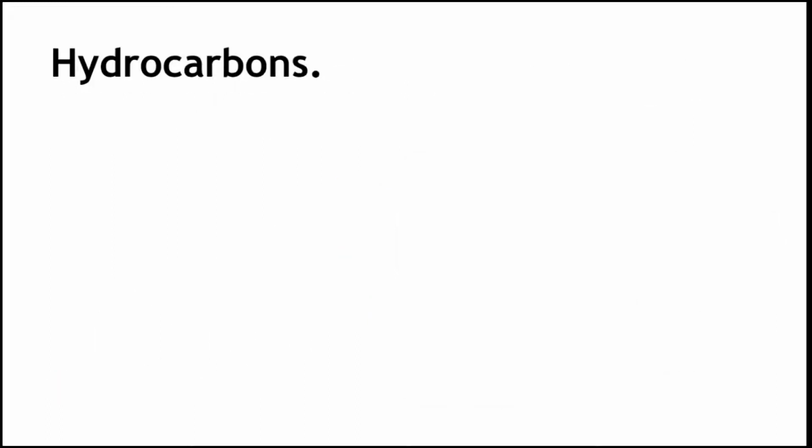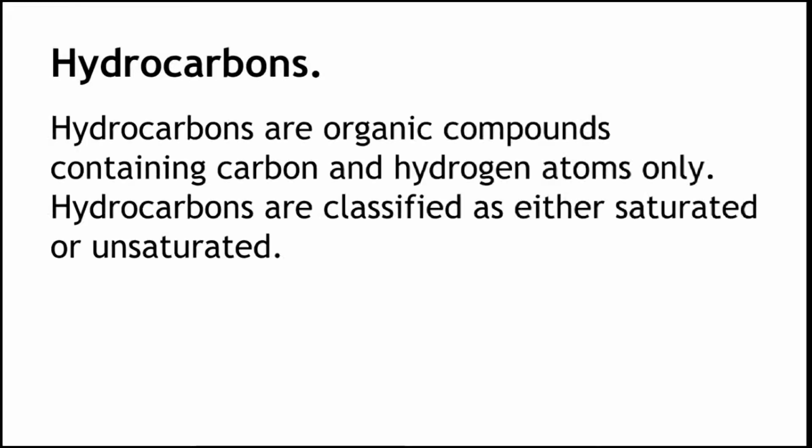The aim of the next piece of work is to learn how to draw structural formulae for hydrocarbons and also to learn how to give them their correct systematic name. As the name implies, hydrocarbons are compounds that contain atoms of the elements carbon and hydrogen only.